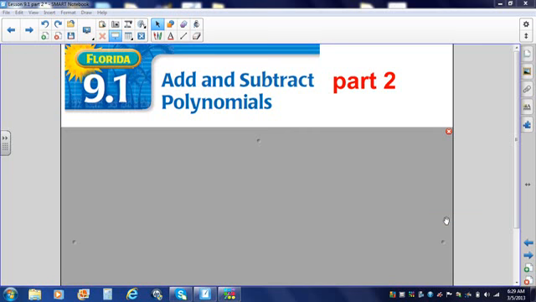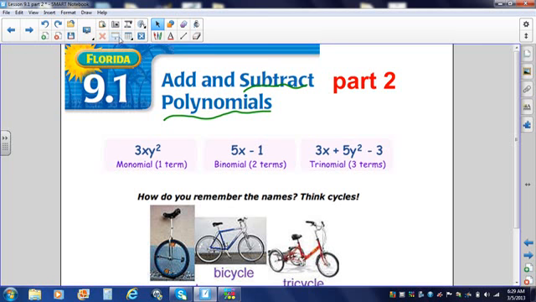Alright, today's notes, lesson 9.1, part 2. Yesterday we worked on adding polynomials. Today we're going to work on subtracting polynomials. A quick review from yesterday's podcast.